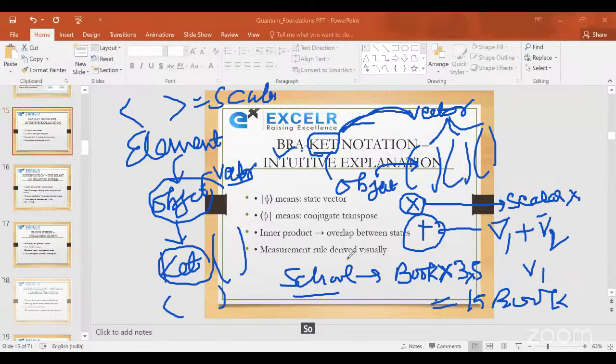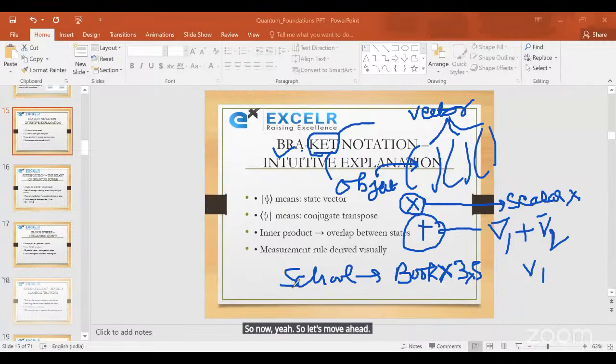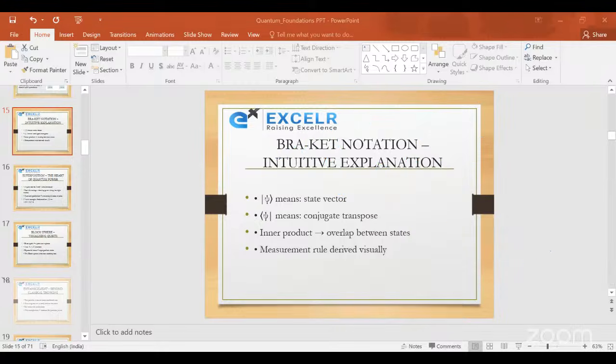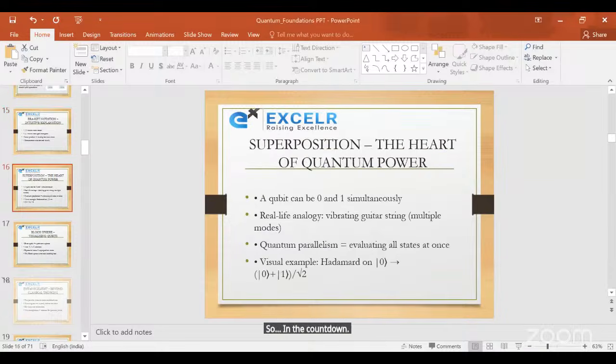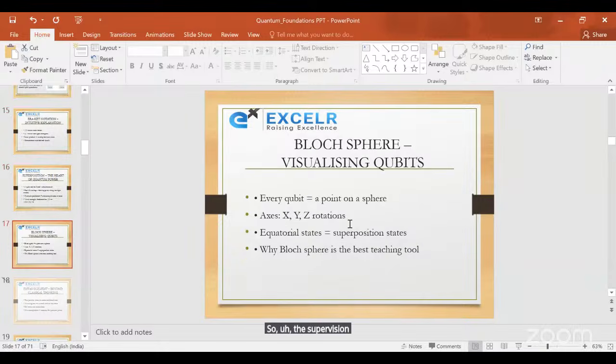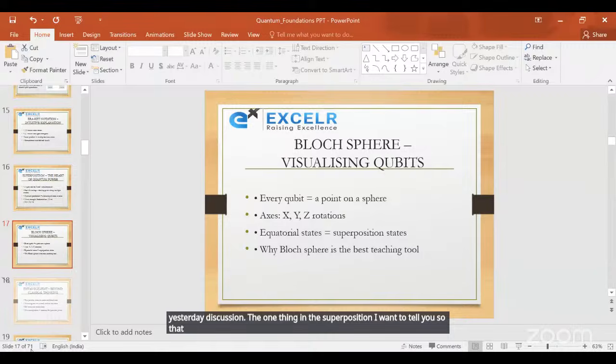So let's move ahead. In quantum, the superposition we have talked about a lot in yesterday's discussion.